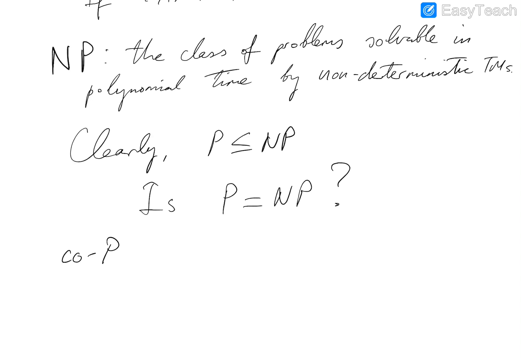So co-P is equal to P. And we have the same problem for co-NP. The relationship between co-NP and NP is unknown. So co-NP and NP, are they equal? This is unknown, just like the relationship between P and NP is unknown.